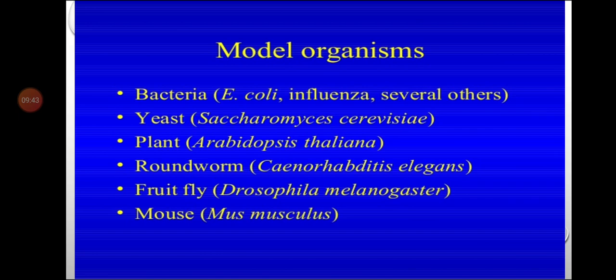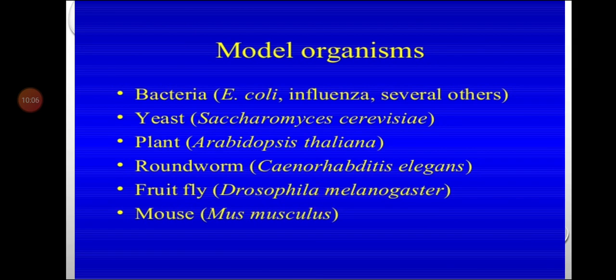Then plants such as Arabidopsis thaliana and rice. Then roundworms such as Caenorhabditis elegans. Fruit fly, Drosophila melanogaster, and mouse, Mus musculus. These are the common names and these are their scientific names.